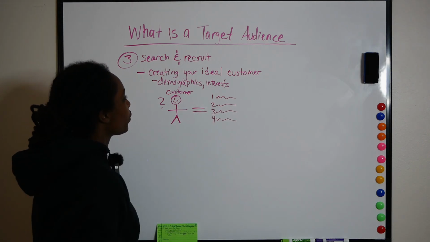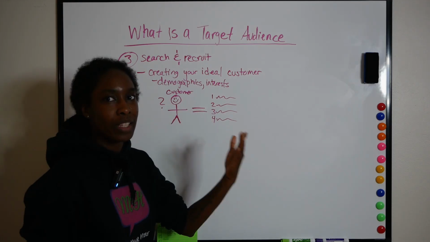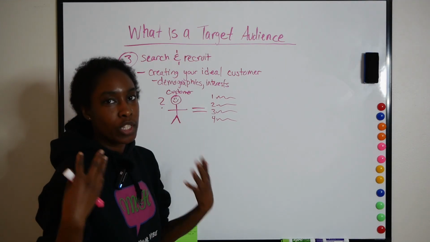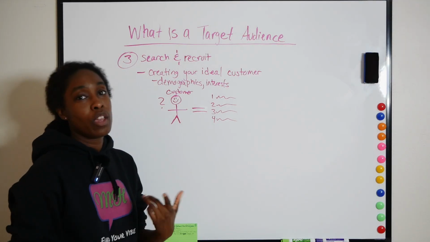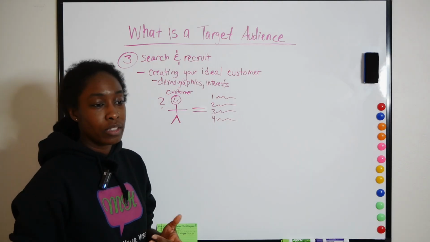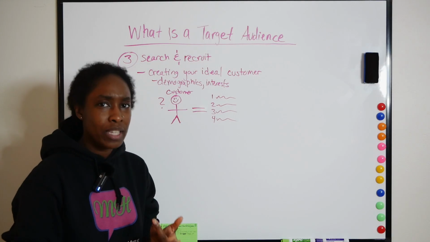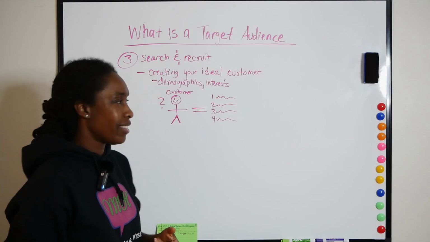Basically, you're going to use demographics and interests to come up with a list to create your ideal customer, the type of people that you would start to target, keeping in mind and using that to craft your marketing messages, your content, your offers, and things of that nature.